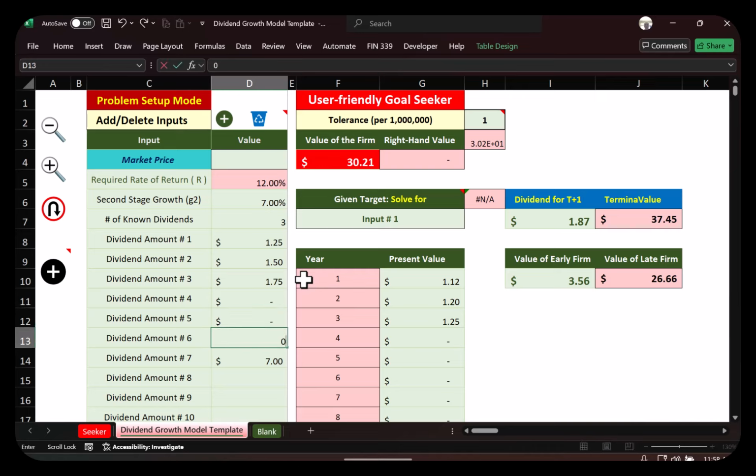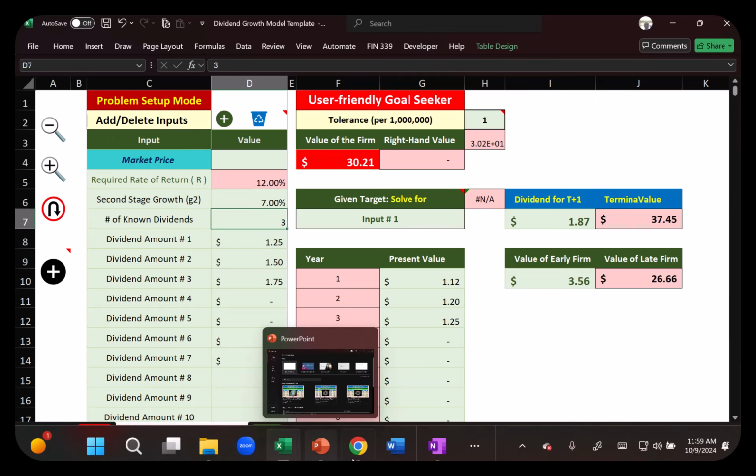But I'm kind of anal about these things, so I'm going to make them zeros. Not that it makes any difference. And growth rate is 5%. Done. Or let's keep the original 7% just for the purposes of comparison.